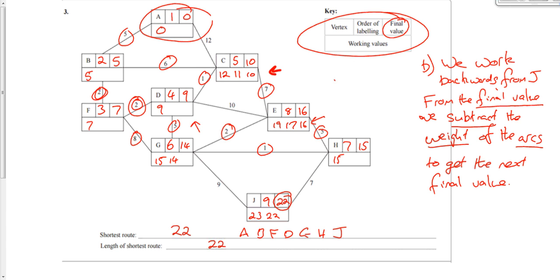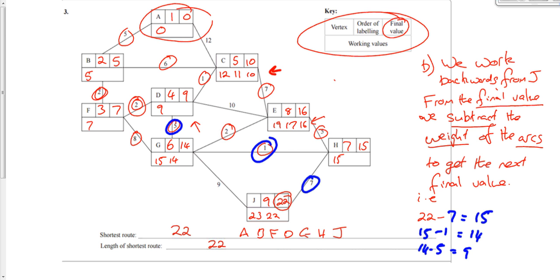What I would also do though, I'd write i.e. and actually do it. So I would say that we did 22 take away this 7, and that equals 15. We then did 15, and we took away 1, and that gave us 14. We did 14 take away 5, and that gave us 9.